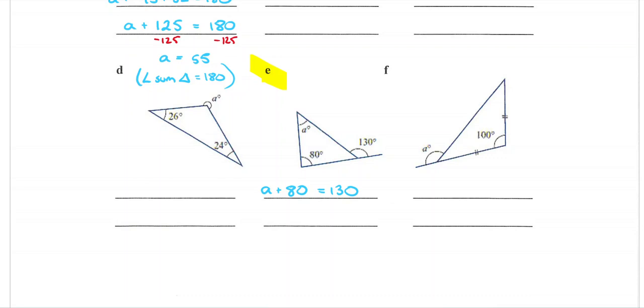Then I will subtract 80 from both sides and get A equals 50. The reason is because exterior angle is equal to the sum of opposite interior angles. It's the longest reason I think that we have in this topic.